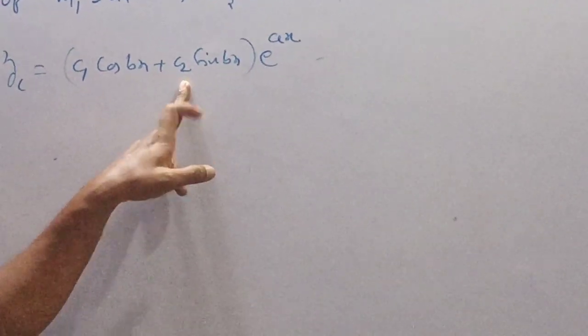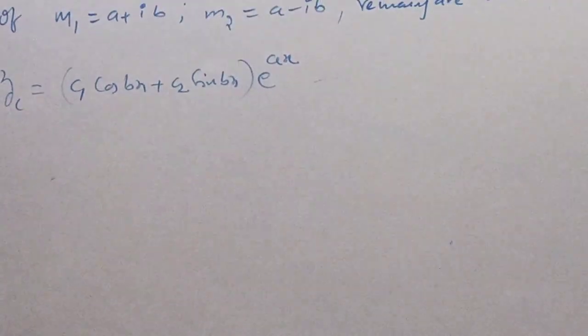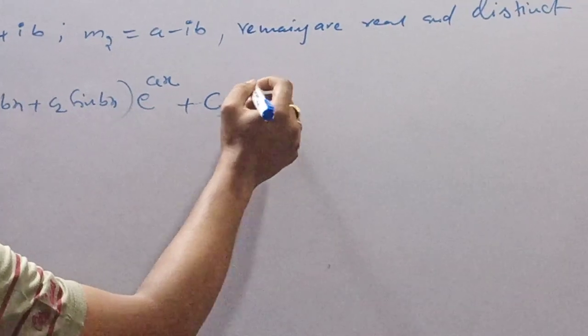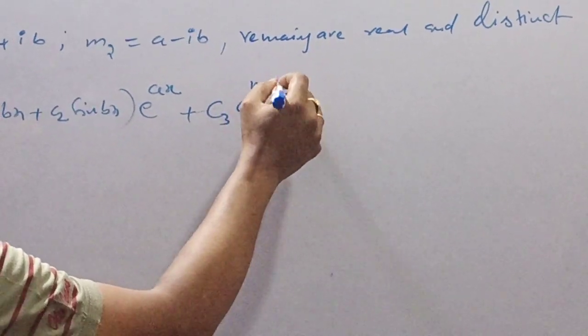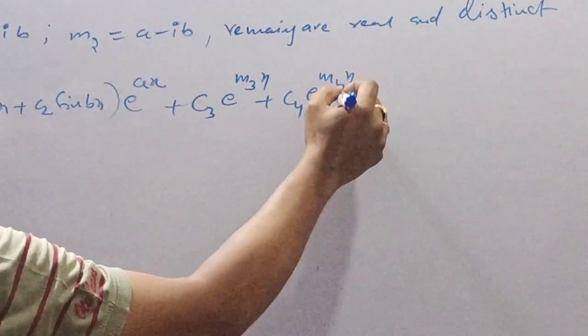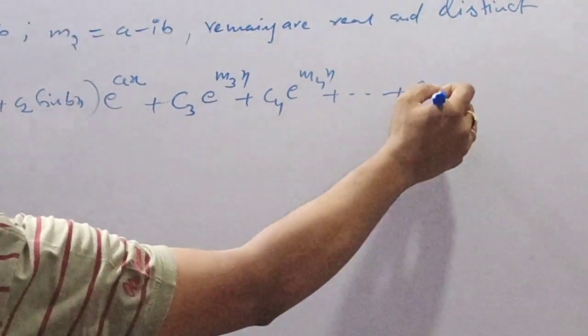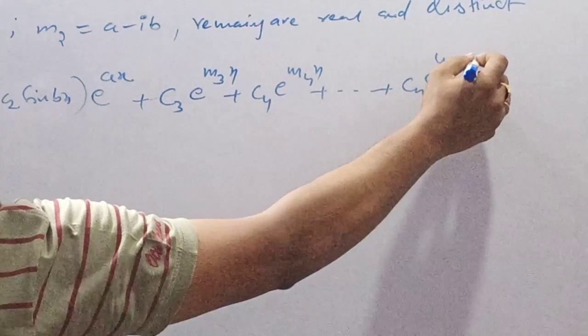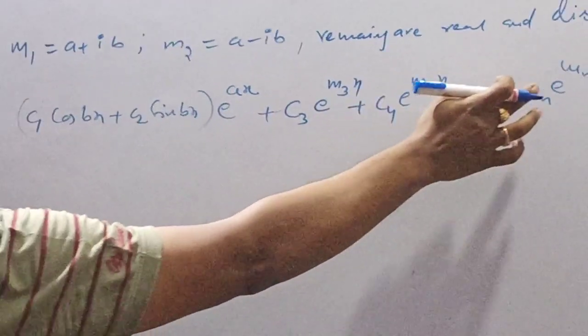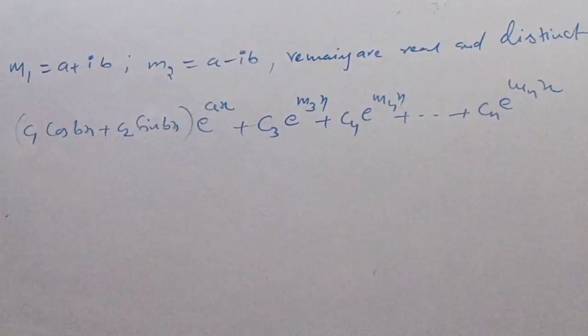C1 and c2, two roots are used here. The remaining are c3 e to the power of m3x, c4 e to the power of m4x, and so on, plus cn e to the power of mnx, because m3, m4, so on to mn are real and distinct roots.